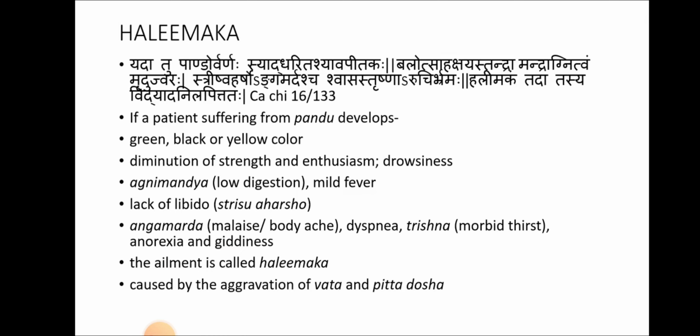If the color of the patient suffering from Pandu roga becomes Harita, Shava or Pita Varna, that is green, black or yellow, and he suffers from weakness, loss of enthusiasm, drowsiness, Mandagni, Mridu Jwara, and lack of libido, that is Strishu Aharsham, and also Angamarda, Shwasa, Trishna, Aruchi, Bhrama, then it is the disease Halimaka, that is caused by aggravation of Vata and Pitta.